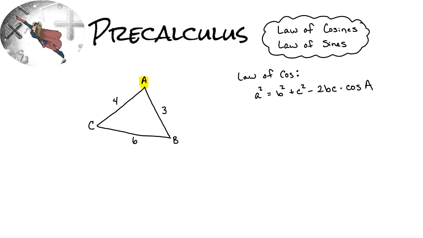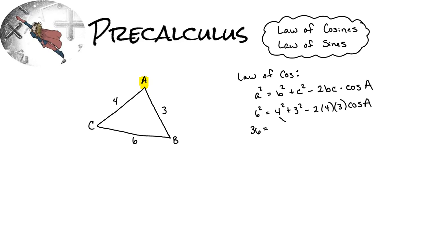So if we start to solve for angle A, then we would be plugging in 6 squared equals 4 squared plus 3 squared minus 2 times 4 times 3 times cosine of A, and then I get 36.